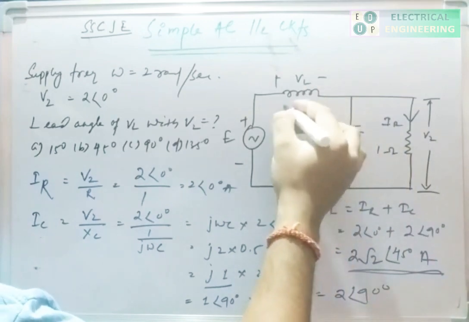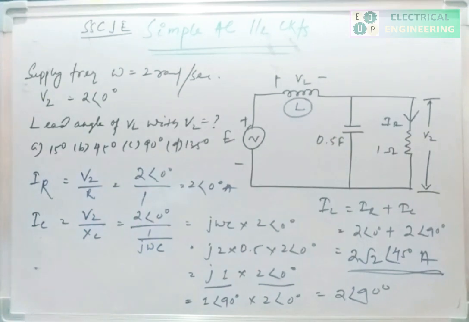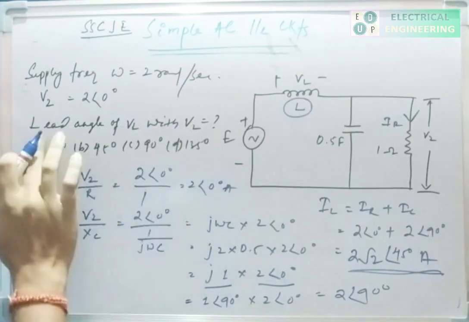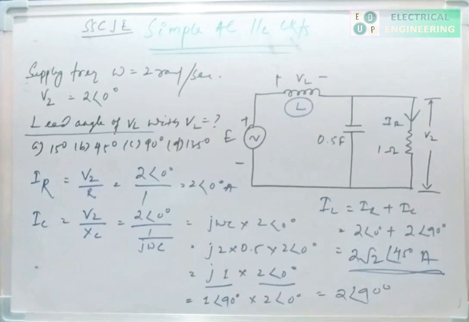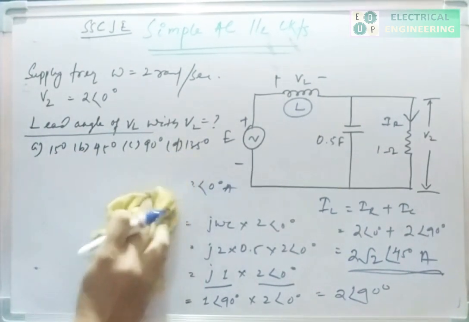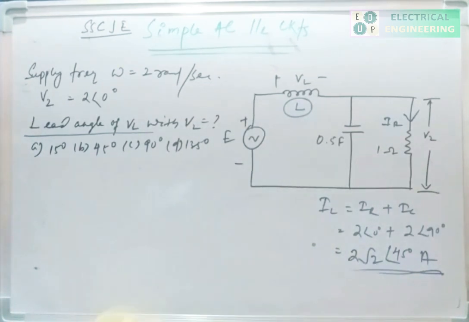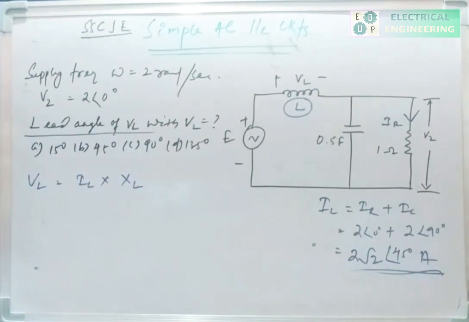But we don't know the L value. We don't require it either, because we just have to find the lead angle, nothing else. So how much will be VL? VL will be IL into XL.